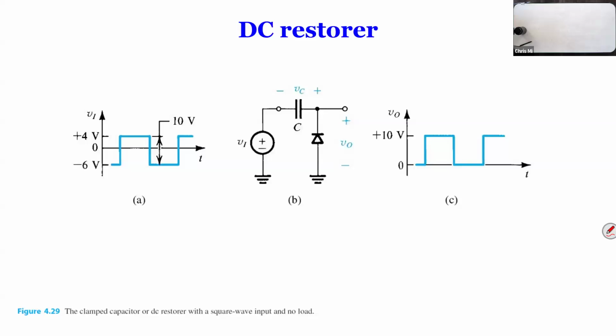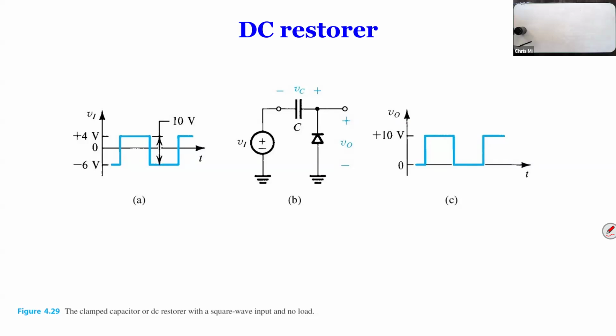But sometimes in some applications, we don't want that AC. We want it to be all positive. How do you do that? One way is filtering, but filtering is a kind of complex circuit. With a low pass filter, you pass the DC and filter out the AC.